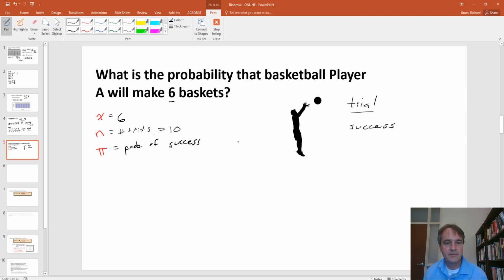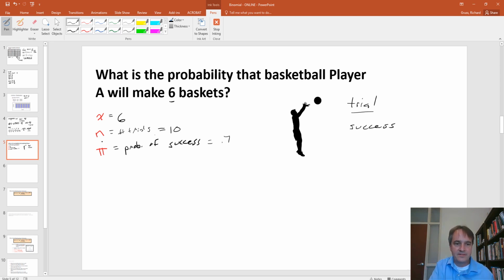Well, we'll say that their historical probability of success is 70%. They've made 70% of the shots. We'll ignore any variations such as the distance from the basket. We want to know the probability that they're going to make 6 baskets. So how would we go about solving this?